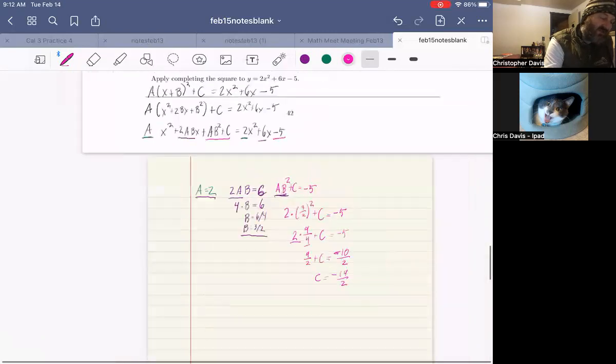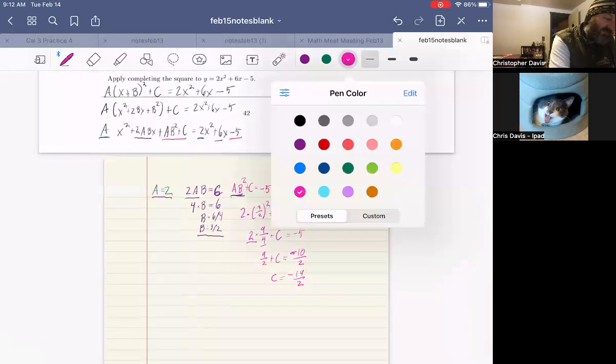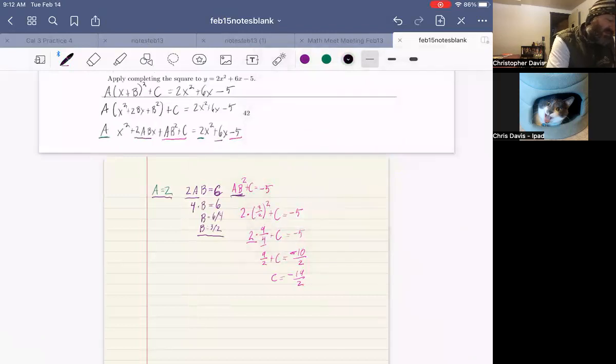Let's write down our conclusion. So, 2x squared plus 6x minus 5 is equal to A is 2, x plus b is 3/2, squared, plus c is negative 19 over 2.